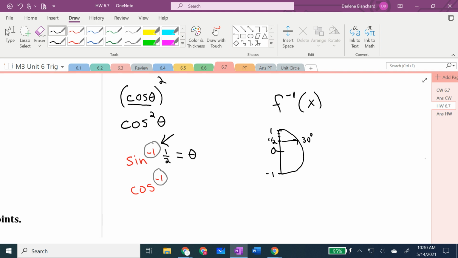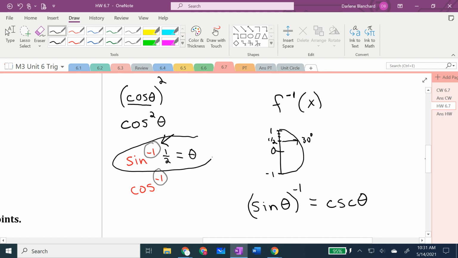But when I look at the reciprocal function, I have a function that is still a forward trig function of I put in an angle and I get out this ratio number. This notation is referring to I put in a ratio number and I get out an angle.